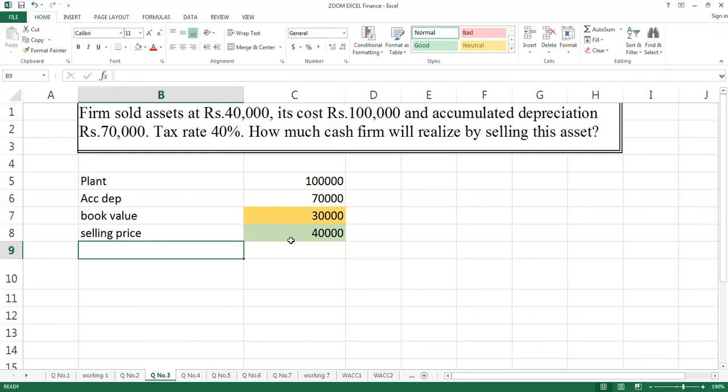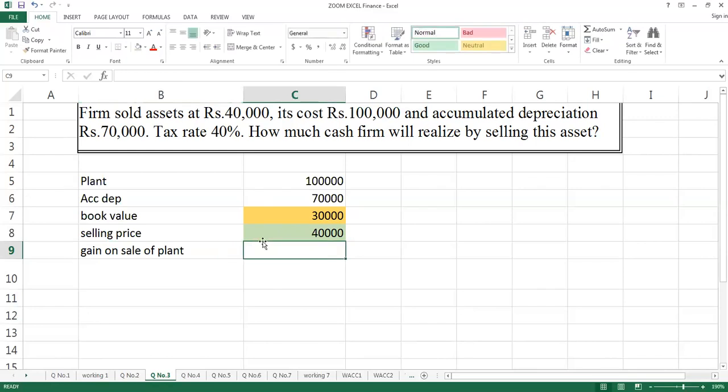Yes, the book value is 30,000. The price at which you are selling is 40,000. So keep in mind that the value of this item in your books of accounts is 30,000. So you will say that you are gaining on sale of plant. And how much gain will you report? Up to you, you can take help from the question. So this is a gain on sale of plant of 10,000.